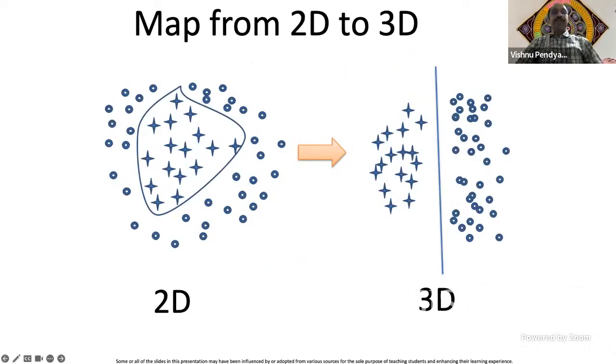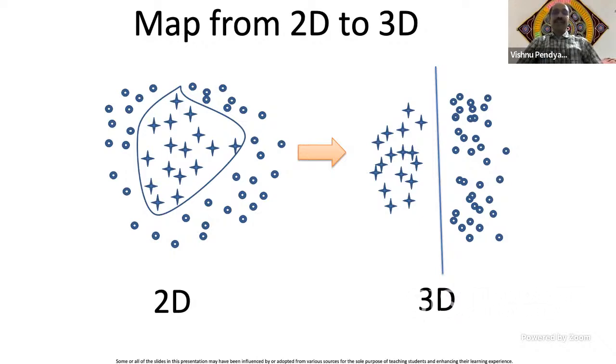When you map from 2 dimensions to 3 dimensions, this is how it looks, with a side view. This is quite common; we do this in engineering drawing quite a few times. Mechanical engineers and civil engineers can very well relate to this. A blueprint of a building, for instance, is a 2D map of a 3D object, right? The same thing is happening here.